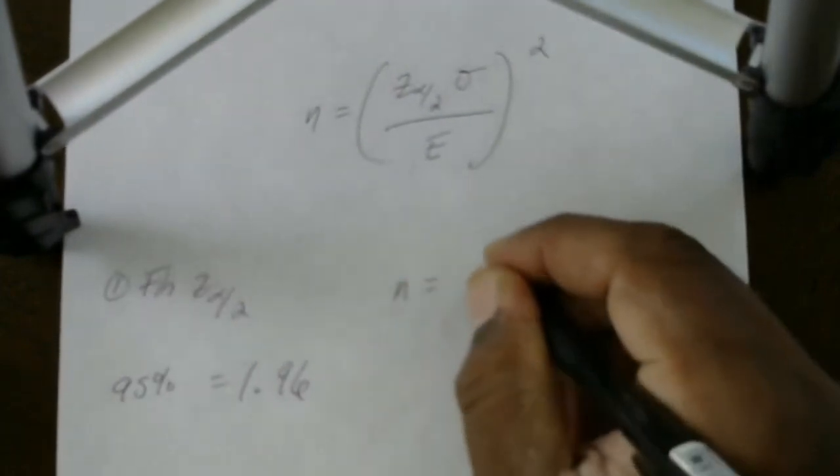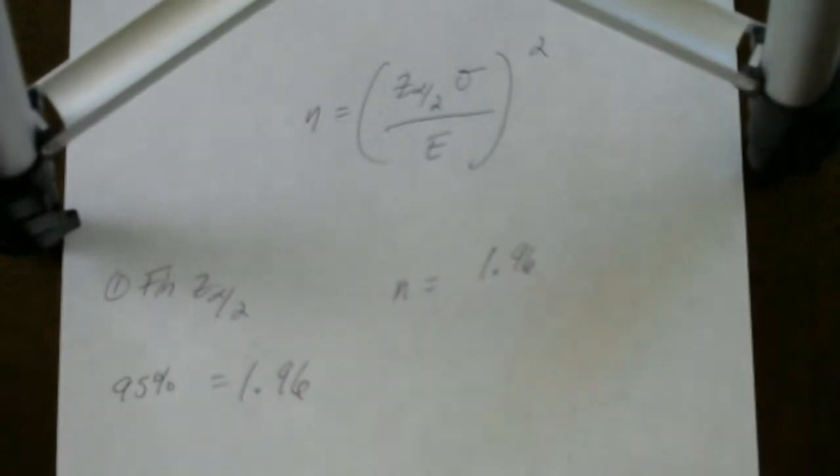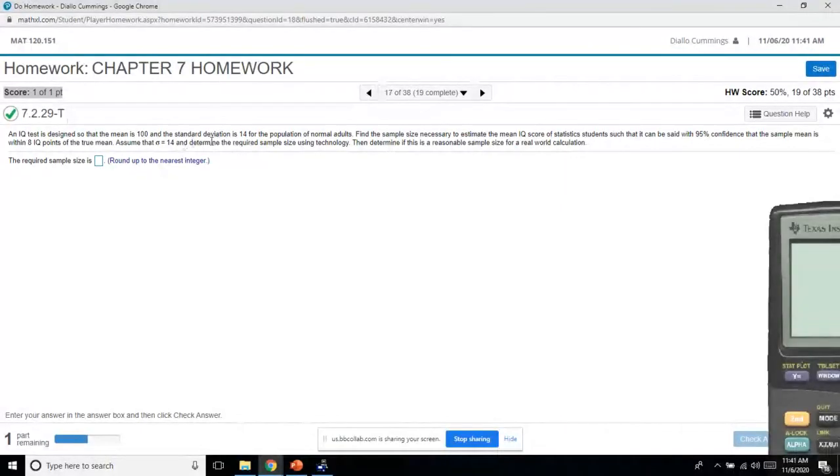So for 95%, the z alpha over 2 score is 1.96. So n is equal to 1.96 times the standard deviation. And from our problem, the standard deviation is 14.